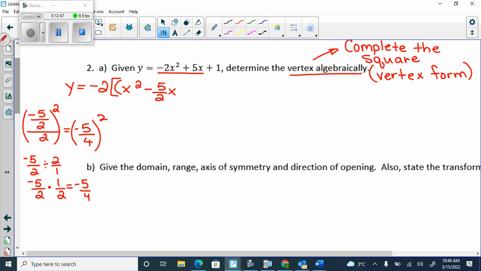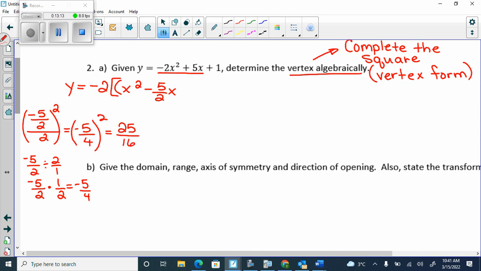And then we square that. You should always get a positive number when you square something, correct? When you square 2 positives, you get a positive, because you multiply 2 positives. When you square 2 negatives, you should get a positive, because you multiply 2 negatives, correct? And so you should get 25 over 16.